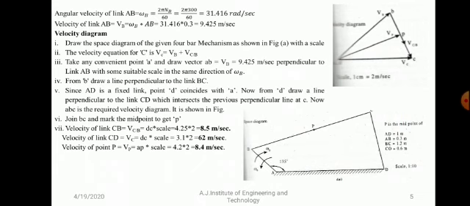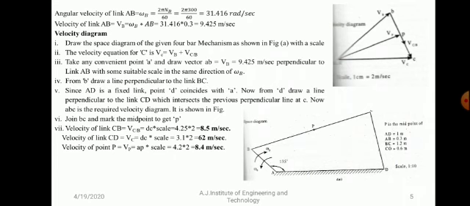Now, VC can be given by VB plus VCB. Therefore, from A, take any convenient point A, draw the vector VB. Now from B, draw a line perpendicular to the link BC.